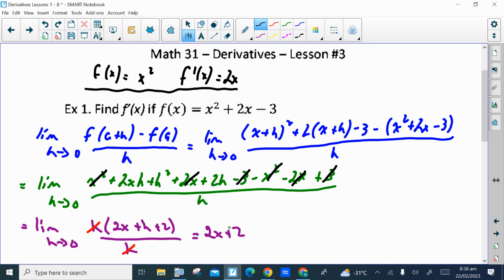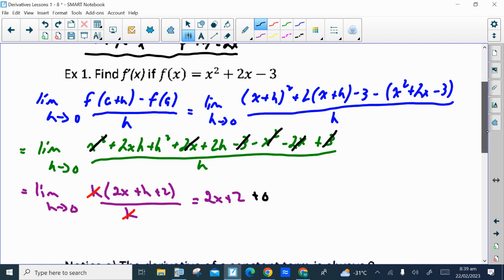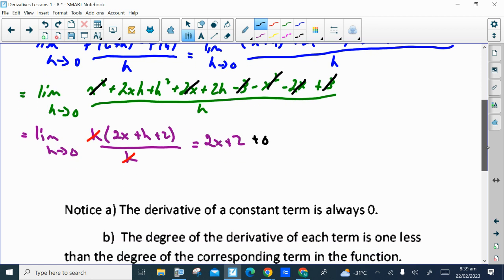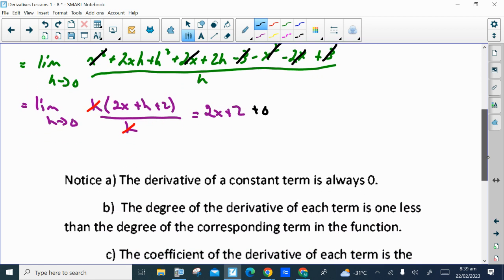This plus 2 in the derivative comes from taking the derivative of 2x. That's where the plus 2 comes from. And if we add a 0 on the end of this, we would say that that 0 comes from the derivative of negative 3. Negative 3 is the constant. So that is what that first statement says. The derivative of a constant term is always 0.